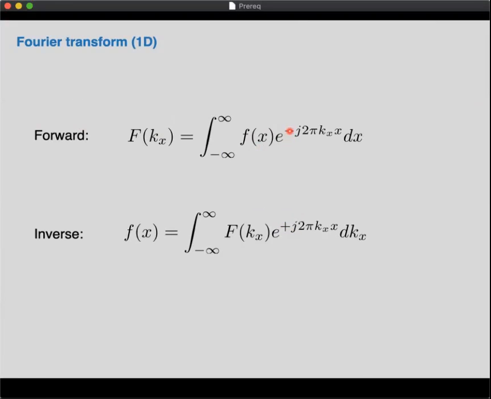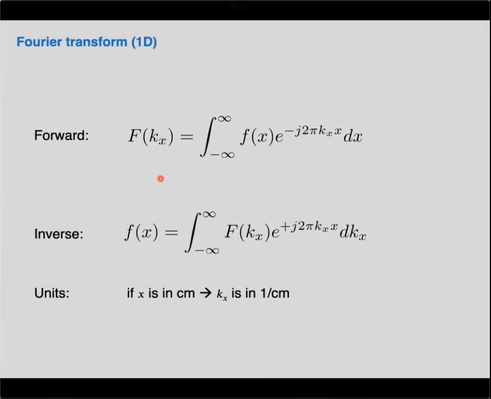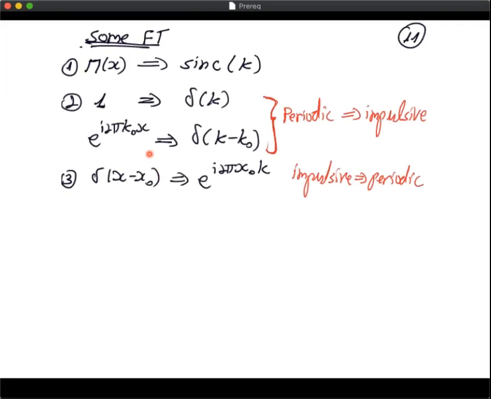We're going to use forward as a minus and backward as a plus, but some other books might have something else. Okay, so there is a complete symmetry between those domains. Whatever property there is in one domain that affects the other domain, then that's vice versa. And in particular, this situation of being periodic results in impulsive, impulsive periodic.